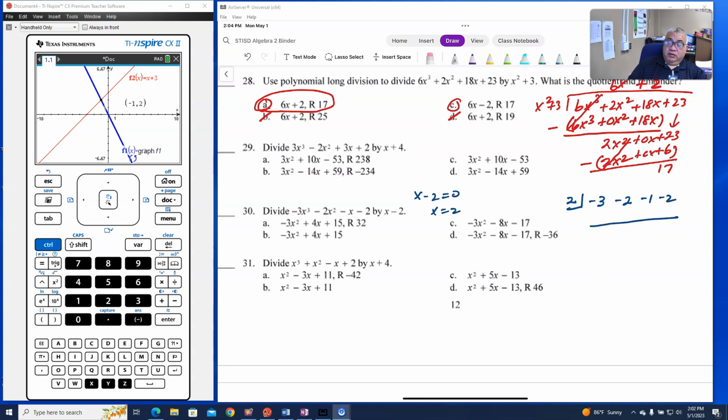Now, if there is a power that is missing, you have to account for it, and you have to write a 0. We're okay here. So bring down the -3. 2 times -3 is -6. -2 plus -6 gives you -8. 2 times -8 is -16.